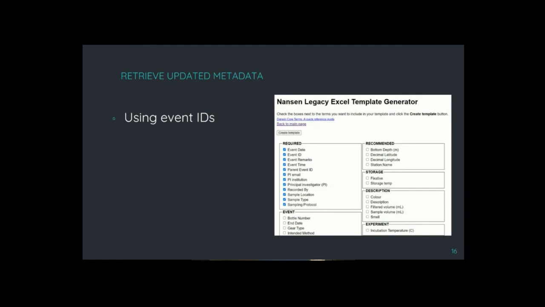So I'm working on some tools where it should be possible to retrieve the data from the metadata catalogs. This metadata has been corrected somewhat, filtered to filter out any errors that have been made and ensure consistency across the project. And you should be able to retrieve the most up-to-date version of that.